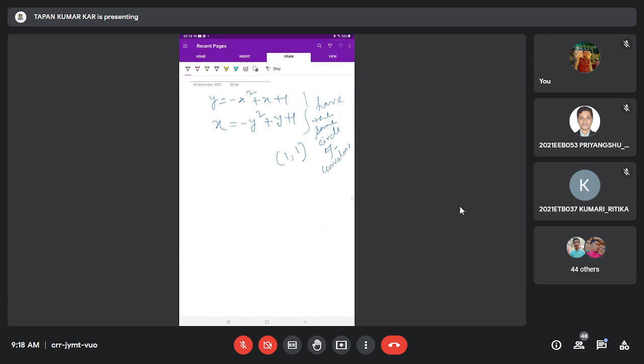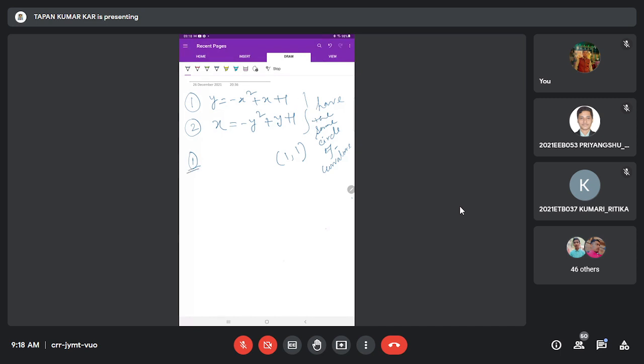So you have to find the circle of curvature for the first curve, and then find the circle of curvature for the second, and check that both are equal. I will first find the circle of curvature for the first, and you check whether for the second it is the same or not.